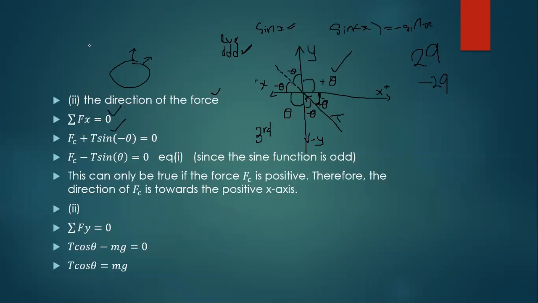But if we had cos theta, or should I say cos x, cos minus x, since cos is an even function, you would find that this expression is equal to cos x.